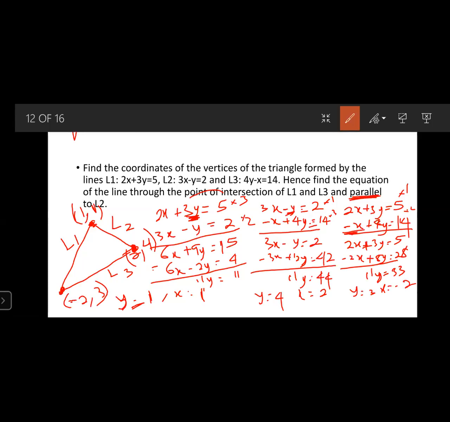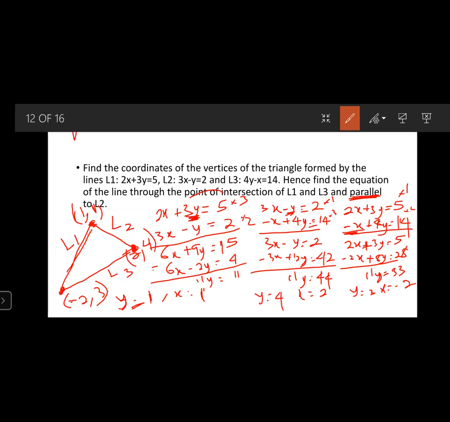So maybe before we end it, in fact, let me give you this as an assignment. Before the end of this class, we'll be able to know how we can solve such a question. Since we have got the point of intersection, hence, find the equation of the line through the point of intersection of L1 and L3.